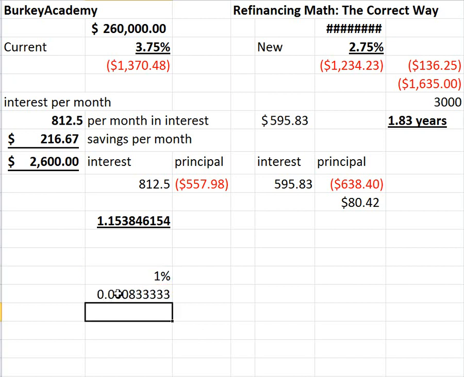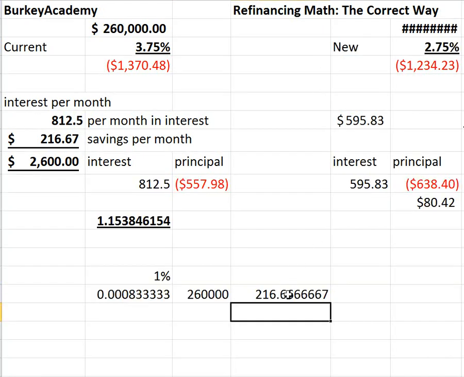That's 0.0008333. Take that number, multiply it times your balance, equals that times that. And what number do we get? The $216.67. That's how much per month. Multiply that by 12, and that's a rough idea of how much money you'll be saving per year.